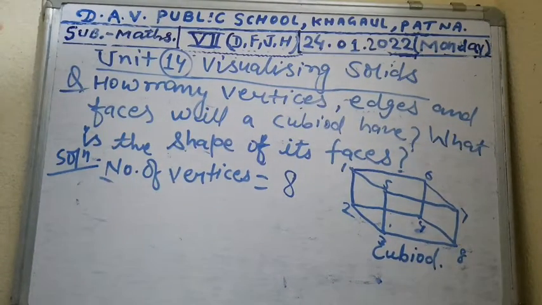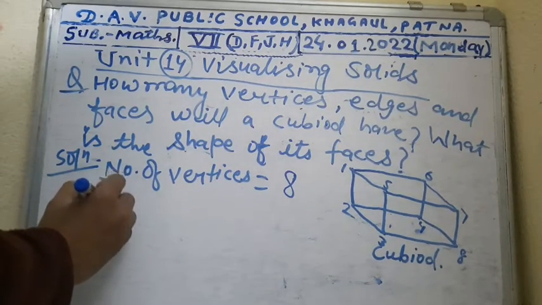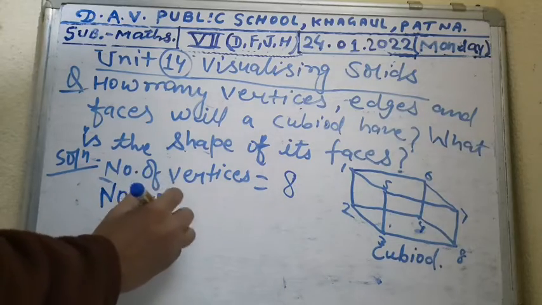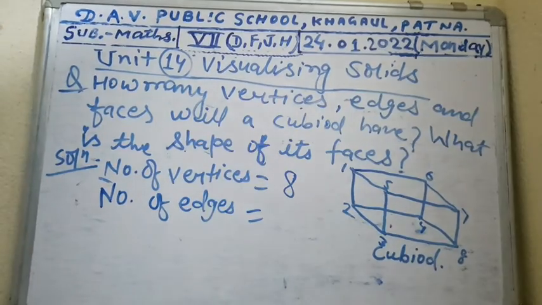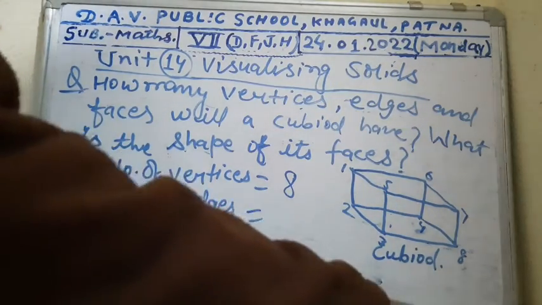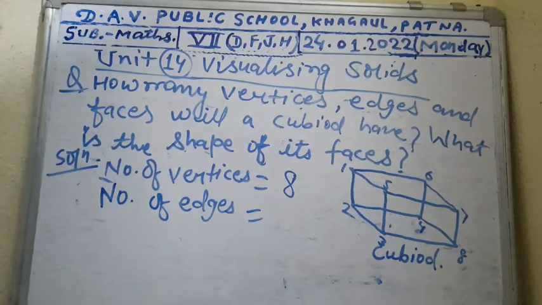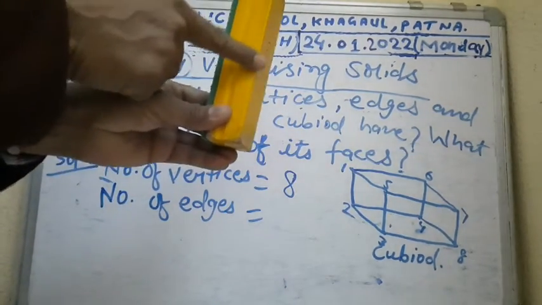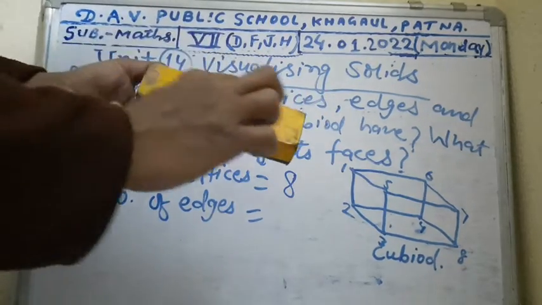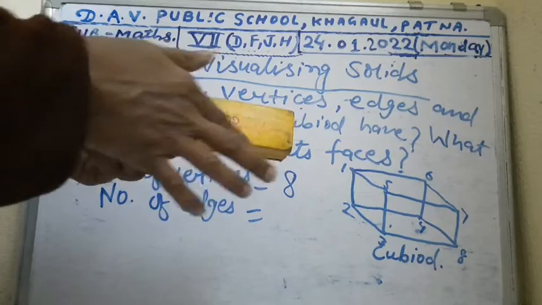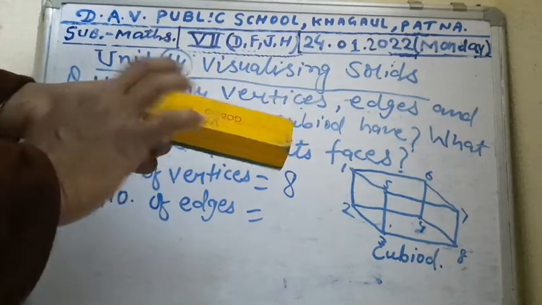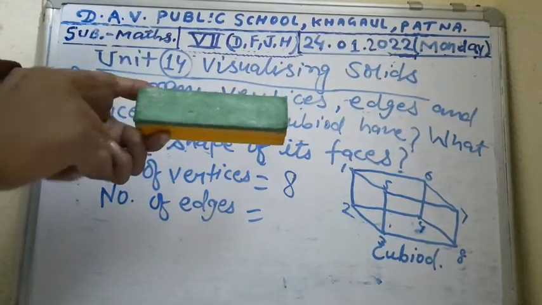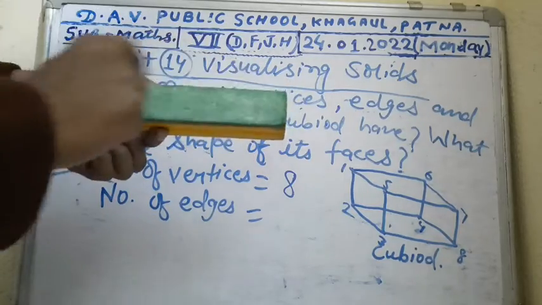Next, you will find edges. So we write here number of edges. What do you mean by the term edges of a cuboid? आप देख रहे हैं ये डस्टर है क्यूबॉइड शेप का, इसका ये एजेज है, किनारा. So we count here 1, 2, 3, 4. Other side 5, 6, 7, 8.